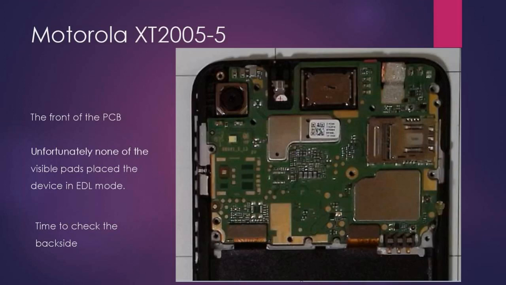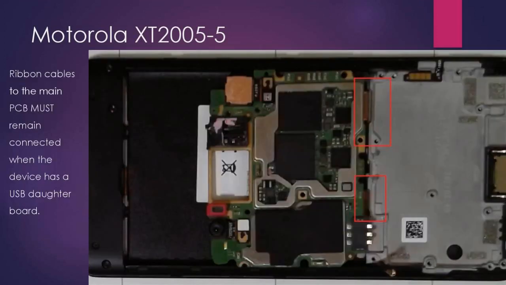So now I'm thinking maybe going to short out either data 0, command or clock probe. I need to have the ribbon cables still connected because this device has a USB daughter board. So in order to use the USB port as I did in the Alcatel, I need the ribbon cables connected, and I just folded the main board over with those cables still connected.